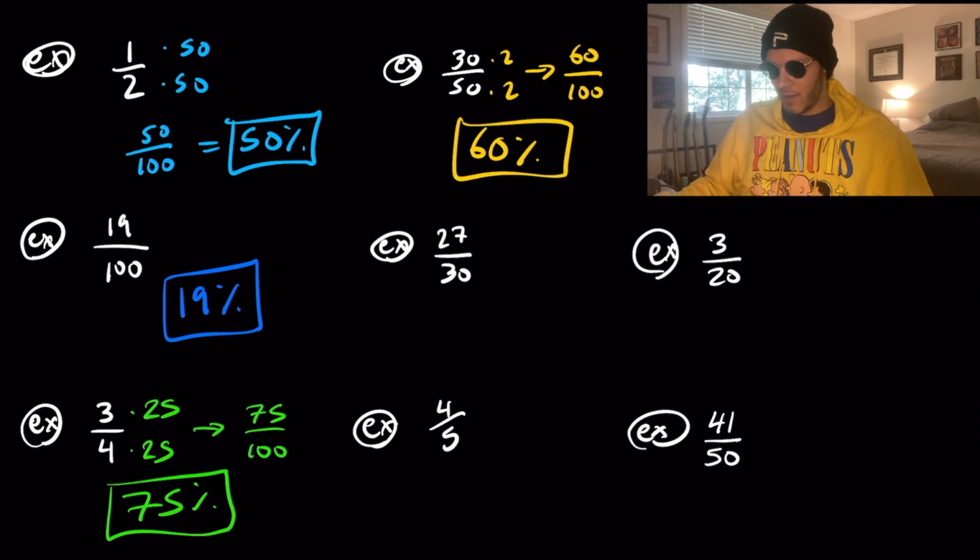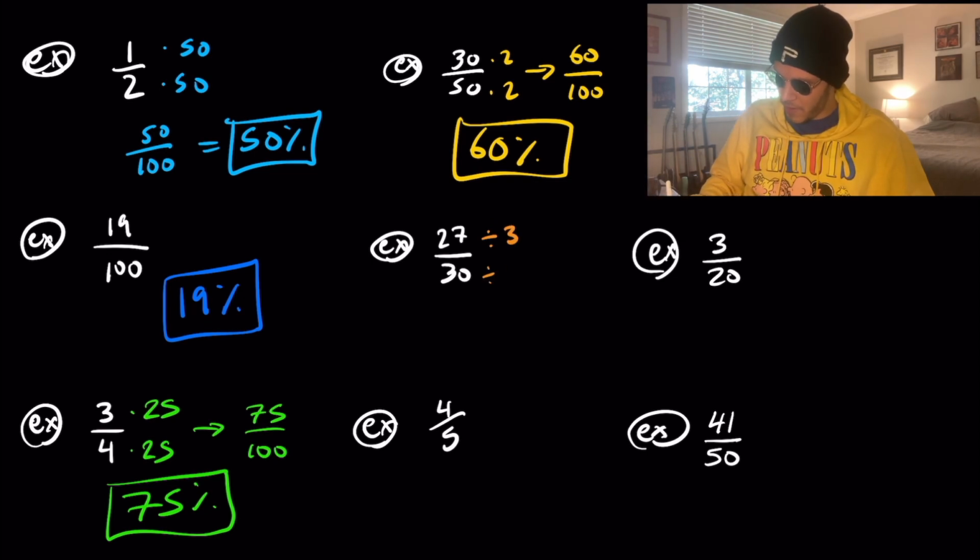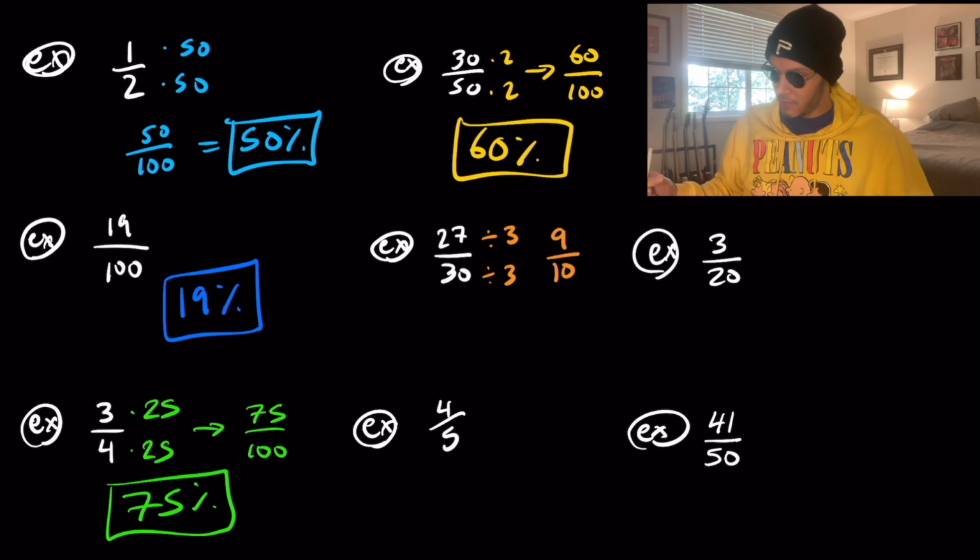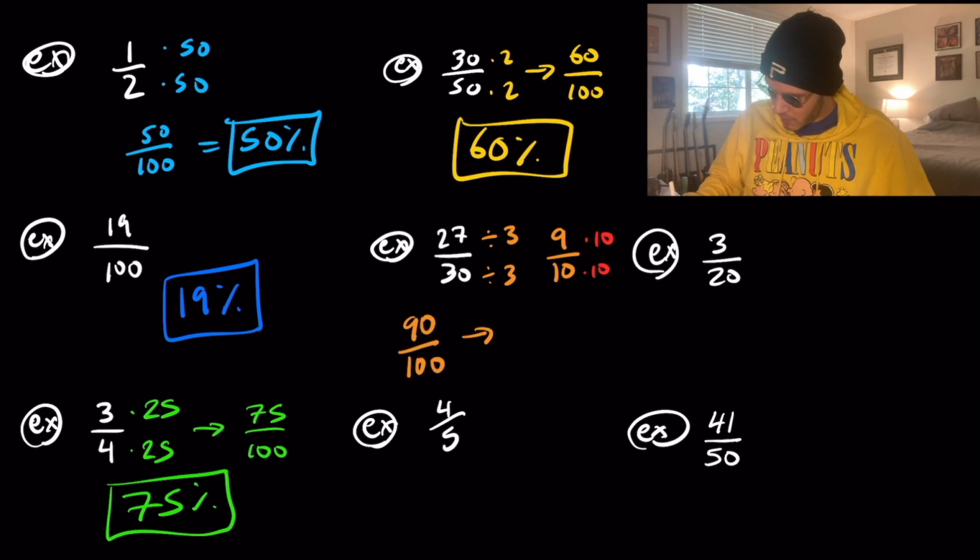So instead of doing that, let's simplify this fraction first. I can divide both the top and bottom by 3, and that's going to give us 9 out of 10. Now I'm going to ask that question again. What number times 10 is going to give us 100? That's going to be 10. So I'll multiply both the numerator and denominator by 10, get 90 over 100, which is going to be 90%.